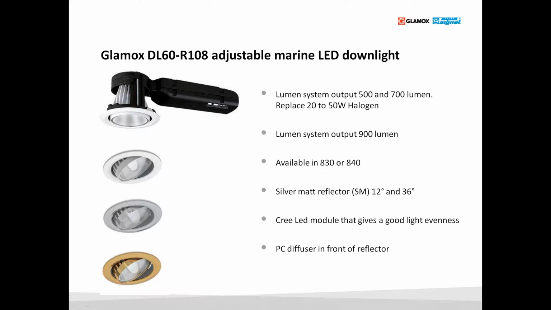We have that also in 3000, 4000 Kelvin. We have continued with the 12 degrees and 36 degrees reflectors. We see clearly that we are selling mostly 36 degrees. That's mostly what they are using on board. If you want to have a narrow beam, you can use the 12 degrees for special light settings.